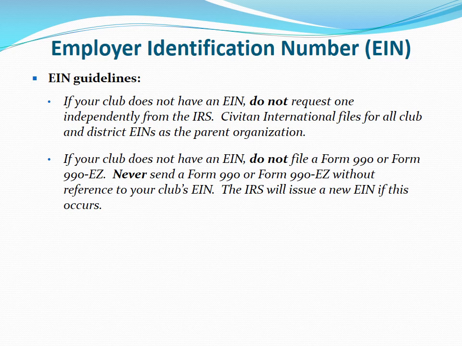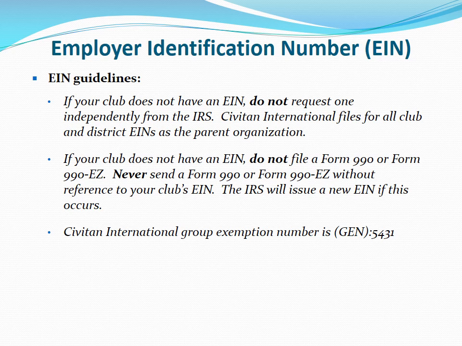If your club does not have an employer identification number, do not file a Form 990 or Form 990EZ. Never send a Form 990 or 990EZ without referencing your club EIN. The Internal Revenue Service will issue a new number if this occurs.